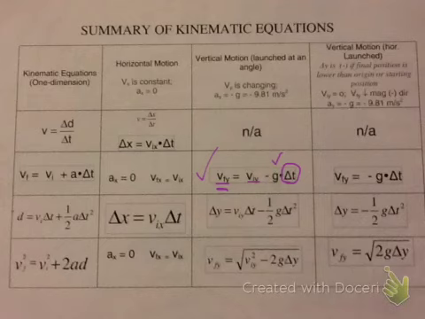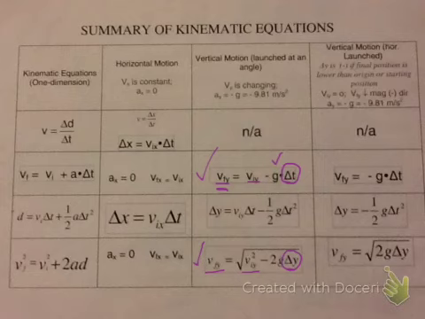The other equation that's possible is this third equation. It's again going to give you the value of your Vy at the landing position, or the velocity component in the vertical at the landing position. The delta y here means the change in position starting from 0 to the landing position.